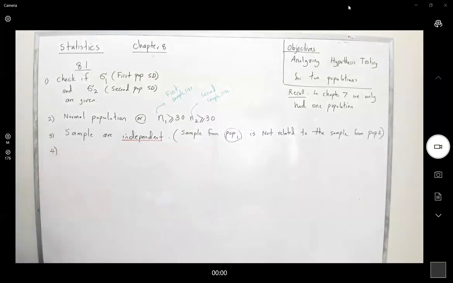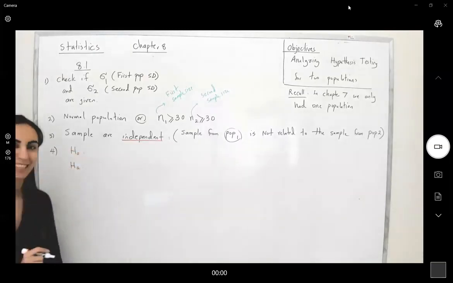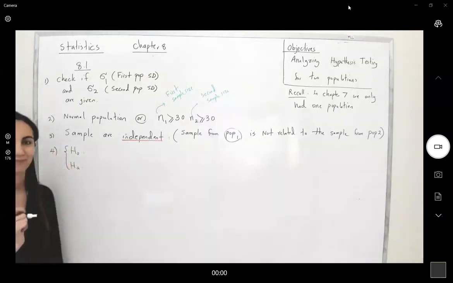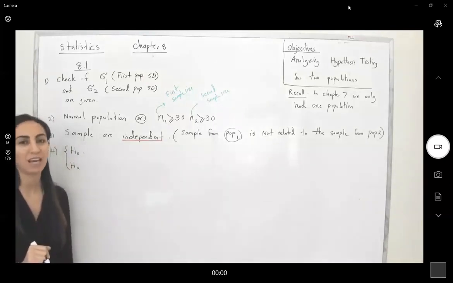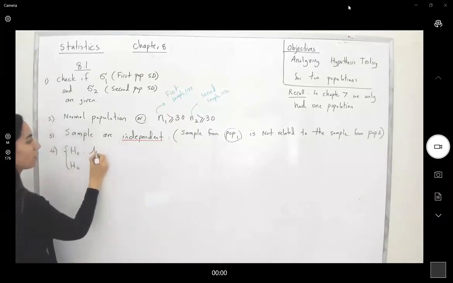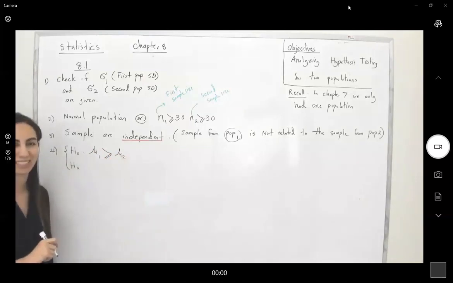Step 4. What is the null hypothesis? What is the alternative hypothesis? So, how do we construct this? Again, we have 3 different categories. The first category is the mean of the first population is greater than or equal to the mean of the second population.